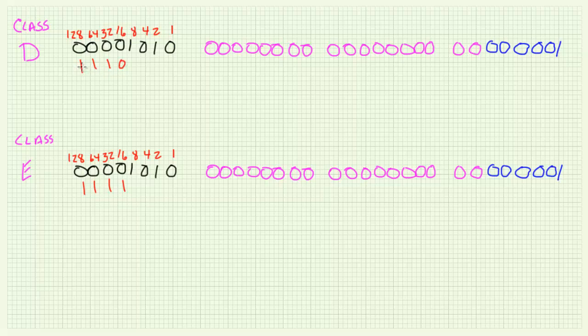If we add all of that up, what do we get? We get the value of 224. So the first Class D address is 224.0.0.0.